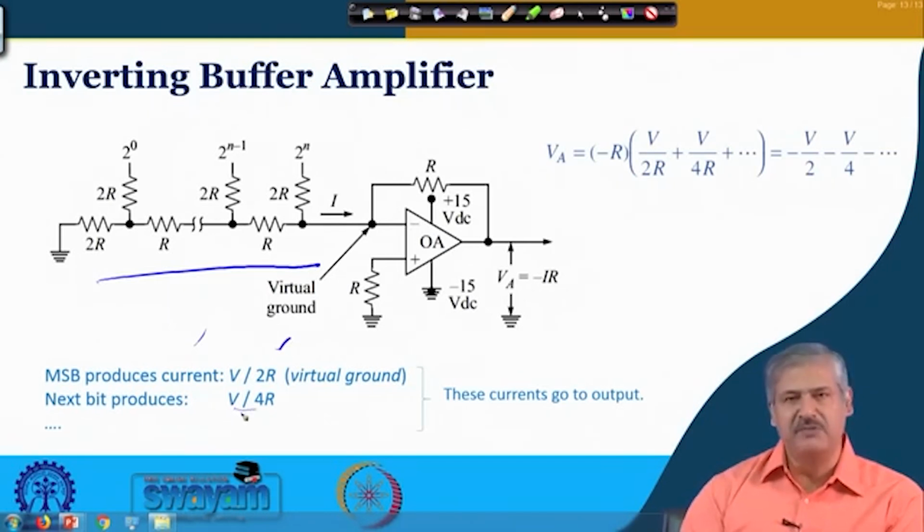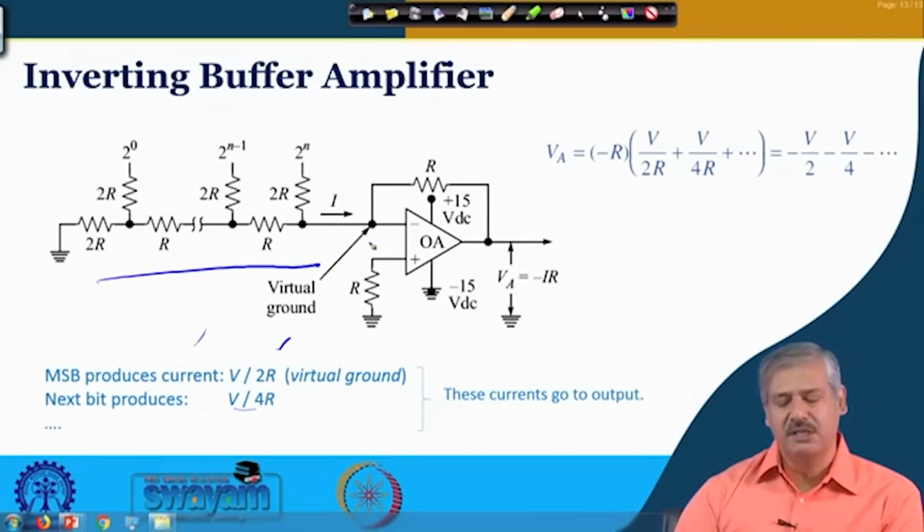Here in this case it is V by 4 and resistance is R, so the current produced is V by 4R, and similarly it goes on, V by 8R, V by 16R, and so on. This is the current that is going in this direction.